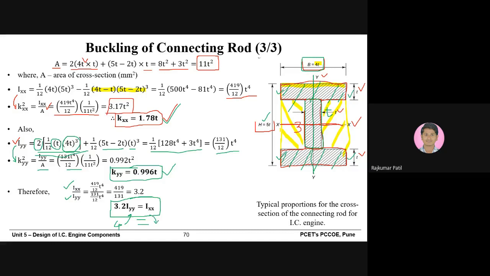So whatever empirical relation that we discussed previously, now mathematically it is proved, or it is very close to this equation. So whenever an I section is used for connecting rod, then the 4 times Iyy is equal to Ixx relation is widely used.